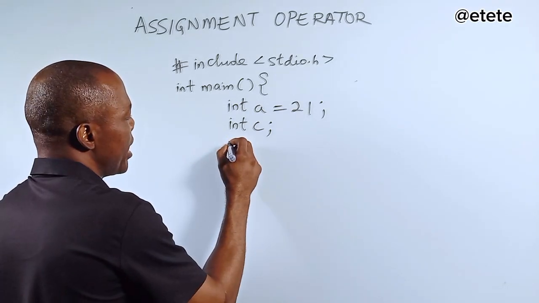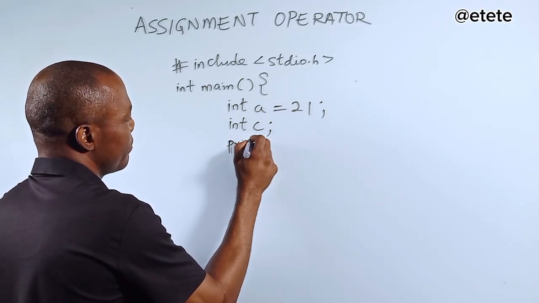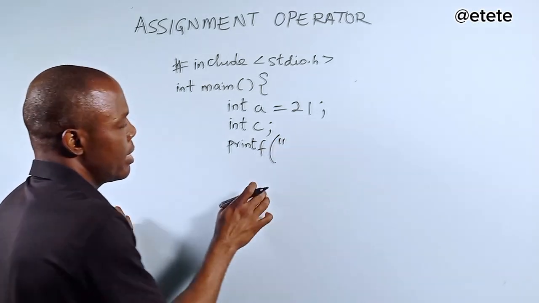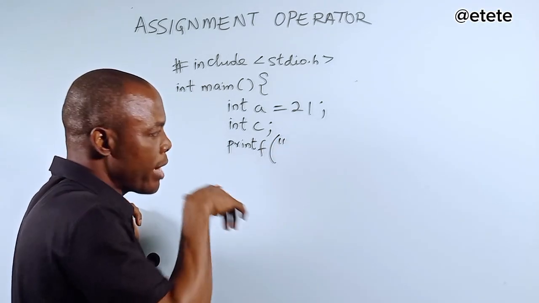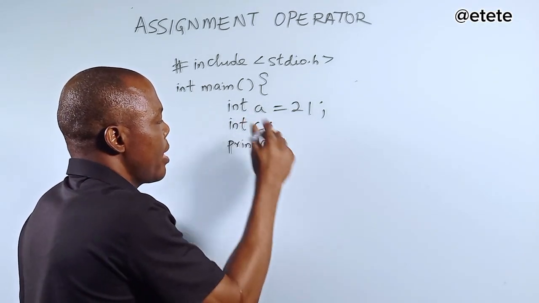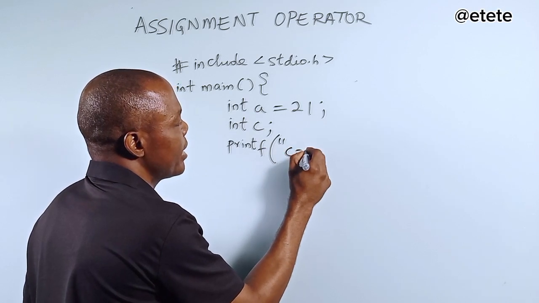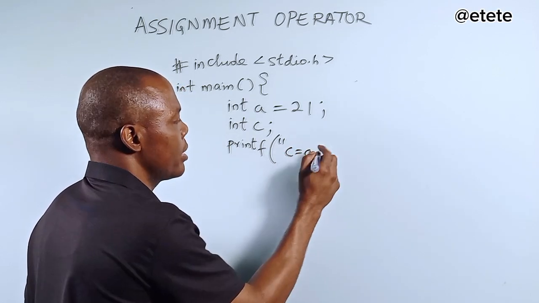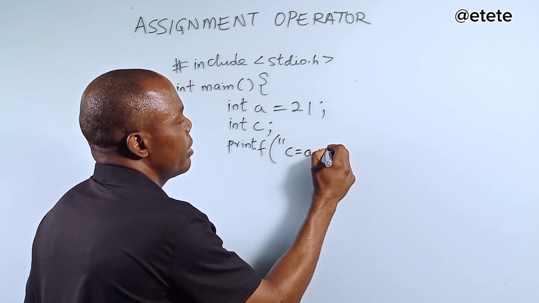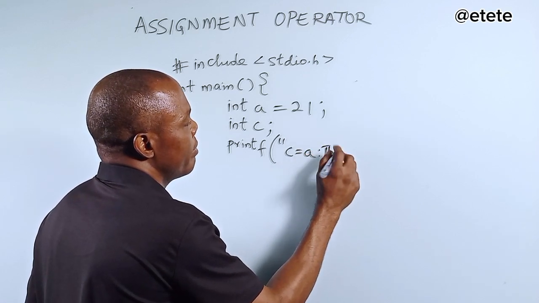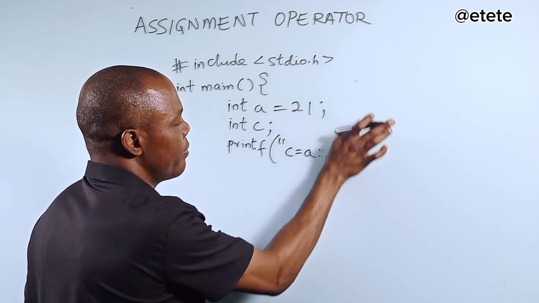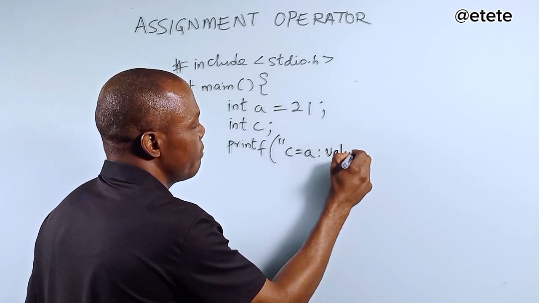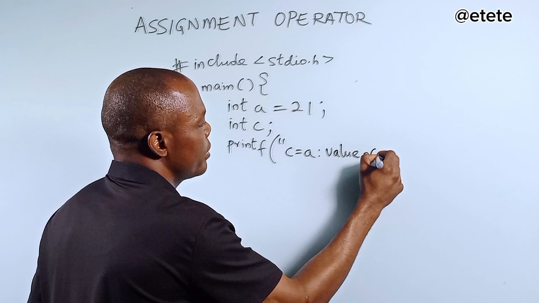Then I will come here and say printf. Inside this, what I will simply do now is say c assign a. I will assign a to c. Here I will write, I might not have enough space, I'll just write value of c.